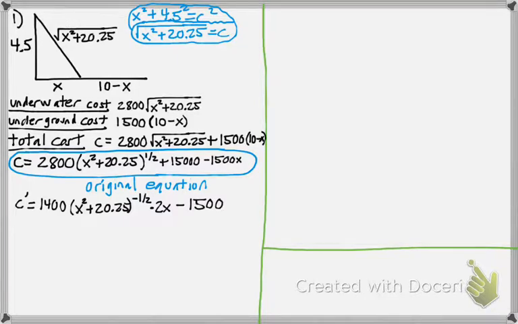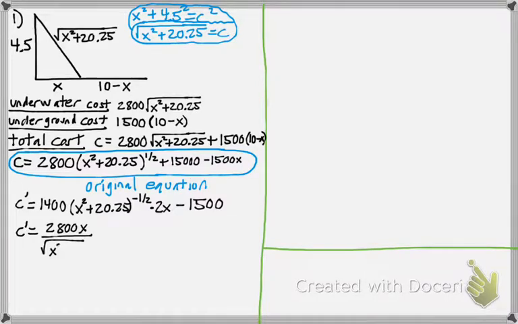So then if I rewrite this, this is going to be 2800x all over, so I'm combining the 1400 with the 2x, and then I actually want to move the x squared plus 20.25 raised to the negative 1/2.